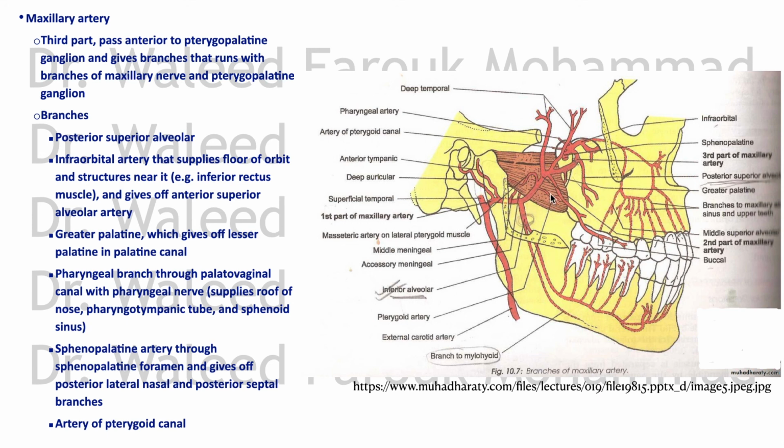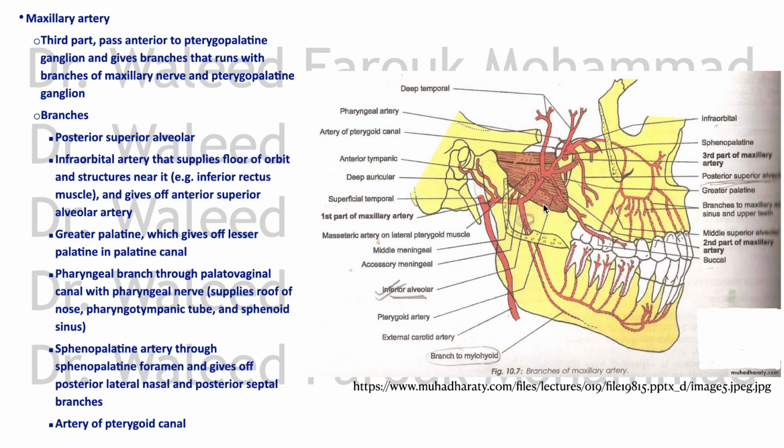Lateral for the lateral wall, septal for the medial wall. And we have the artery of the pterygoid canal that goes through the pterygoid canal accompanying the nerve of the pterygoid canal, which is the great petrosal and the deep petrosal.